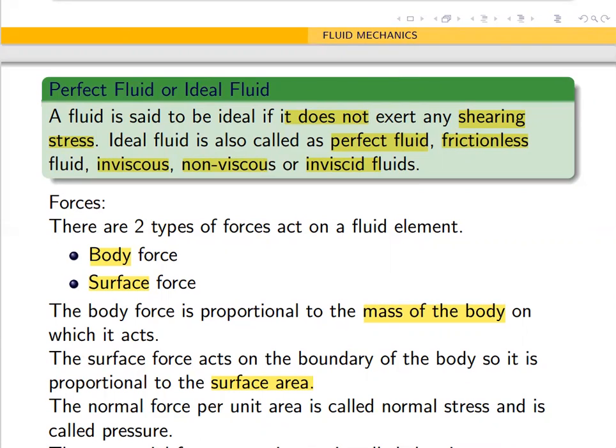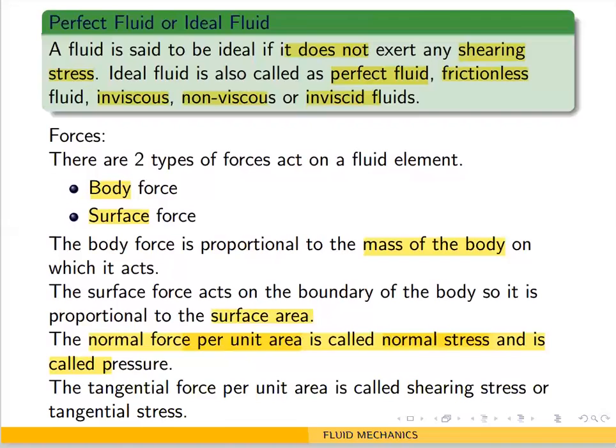The normal force per unit area is called normal stress and it is nothing but pressure. What is the tangential force? The tangential force per unit area is called shearing stress, or in other words, tangential stress.